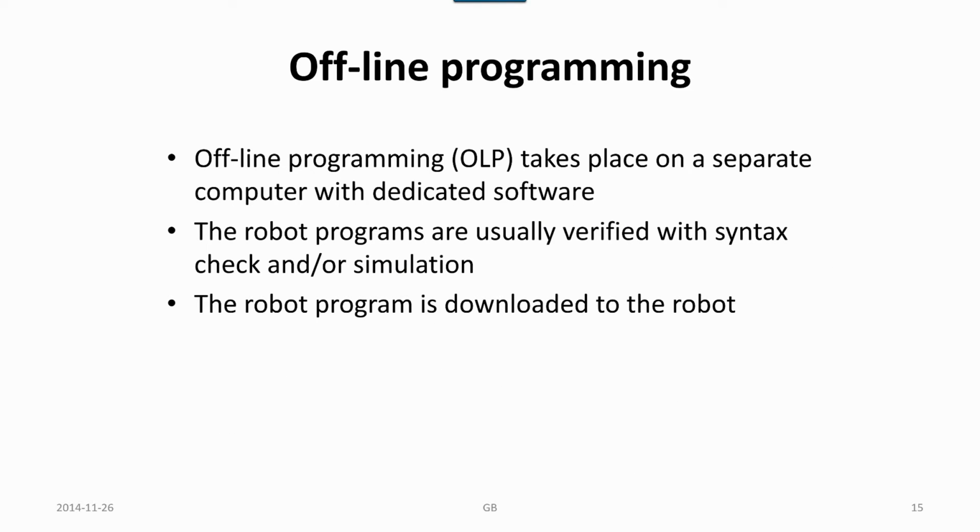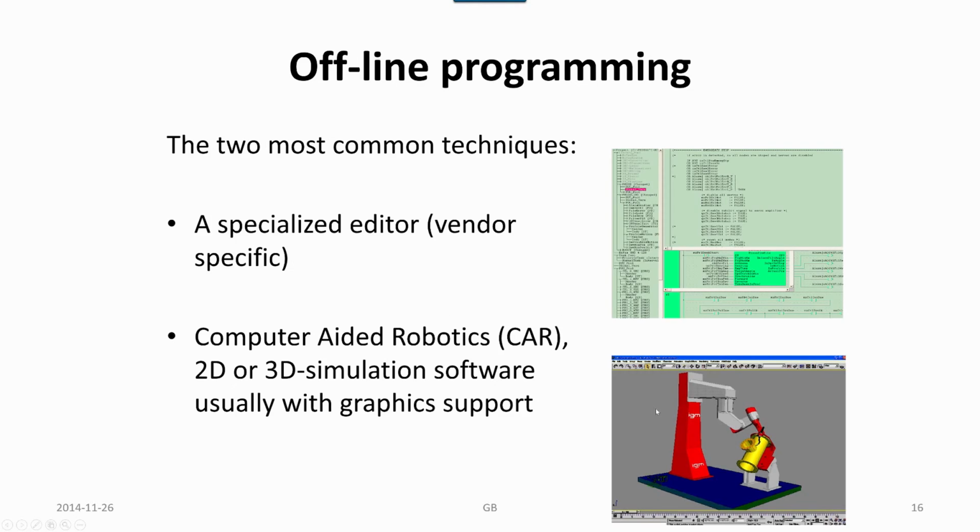Offline programming takes place on a separate computer with dedicated system software, and the robot programs are usually verified with syntax check and/or a simulation, and the robot program is normally downloaded to the robot. In some cases, there could be a direct connection, so they are checked side by side, so to say, simultaneously.